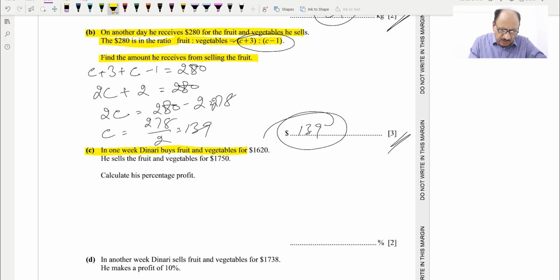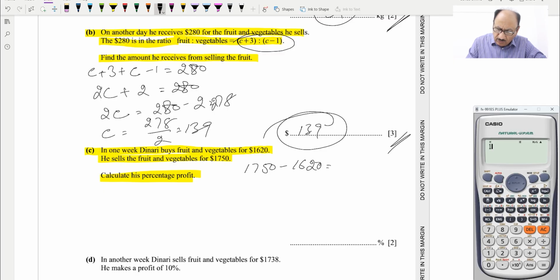Now the next thing: in 1 week Dinari buys fruit and vegetables for 1620. He sells the fruit and vegetables for 1750. Calculate the percentage profit. So first we will calculate the profit. Profit will be selling price minus the purchasing price, which is 1750 minus 1620, and this will result in 130.